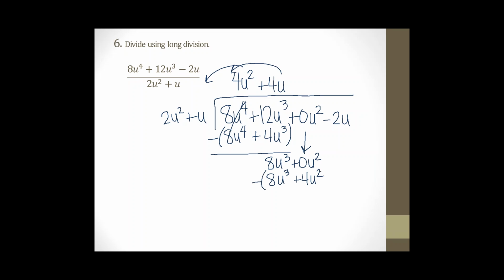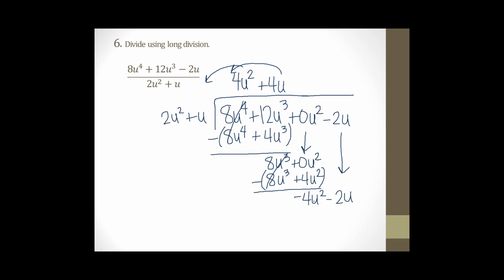Now we're going to subtract here. The 8u to the 3rd cancels out, and then 0u squared minus 4u squared is negative 4u squared. And now we're going to bring down minus 2u, and we're going to divide again.